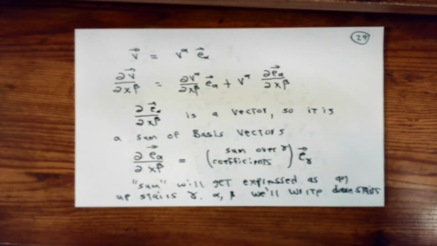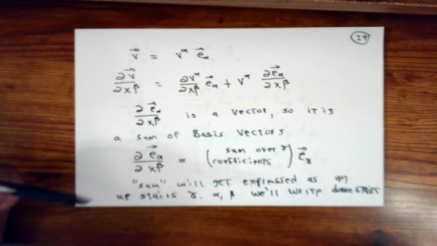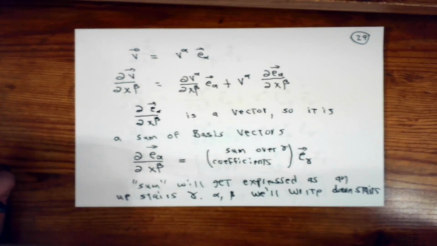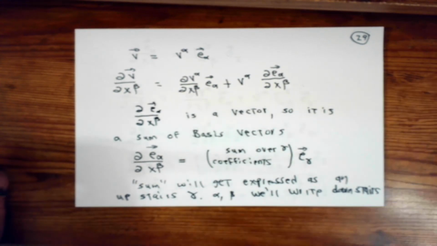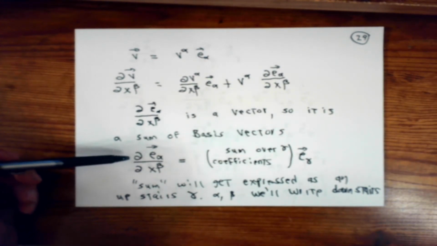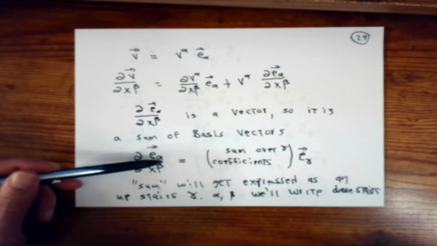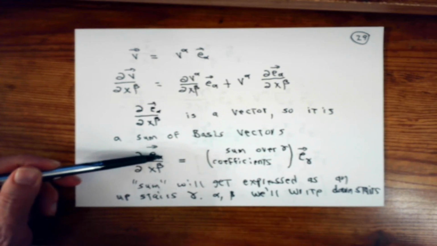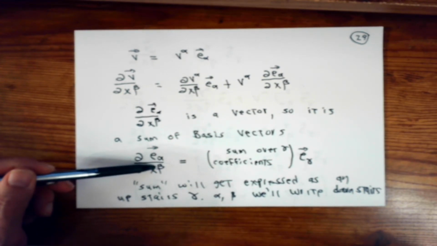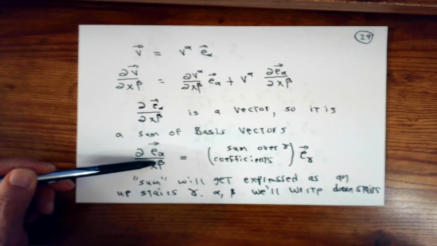I'm specifically taking the derivative of basis vector number alpha with respect to coordinate number beta.